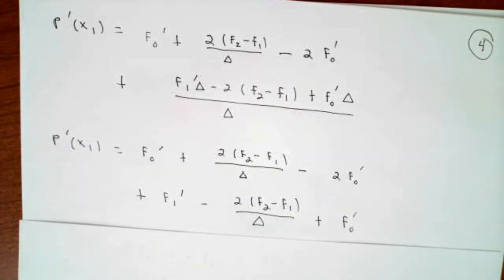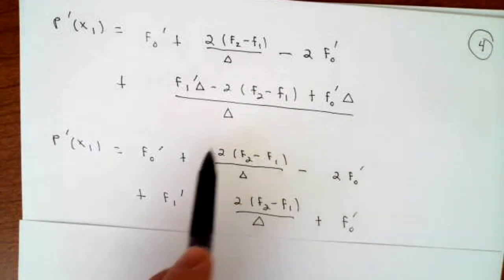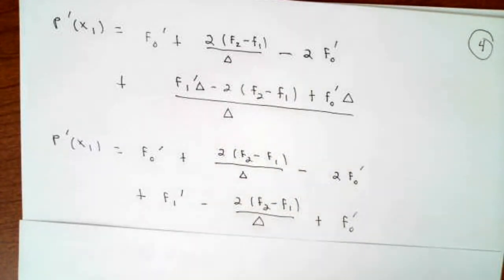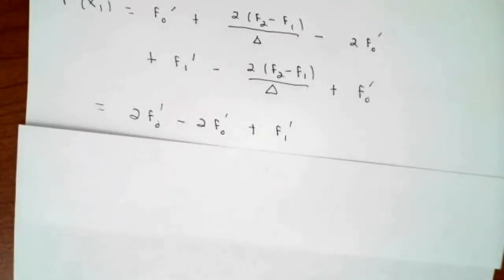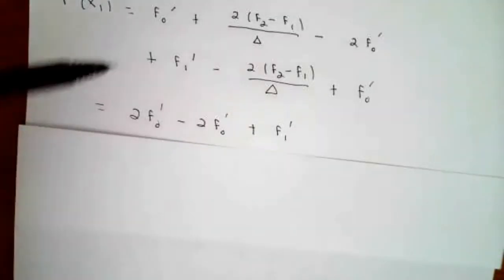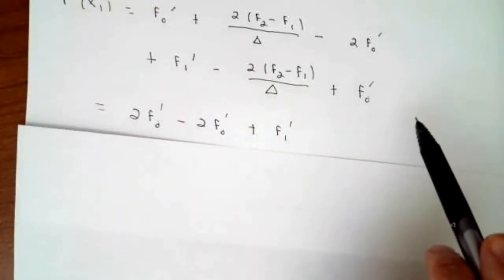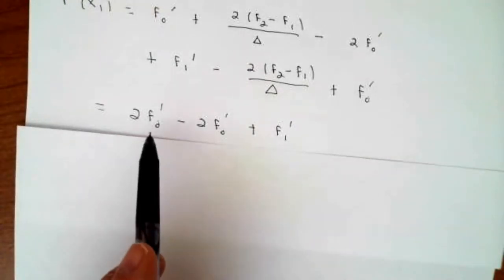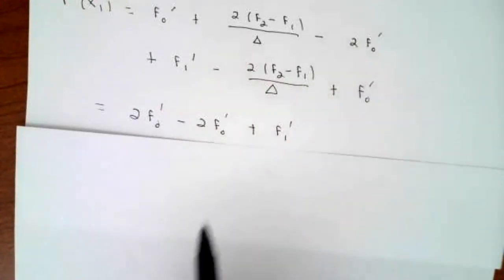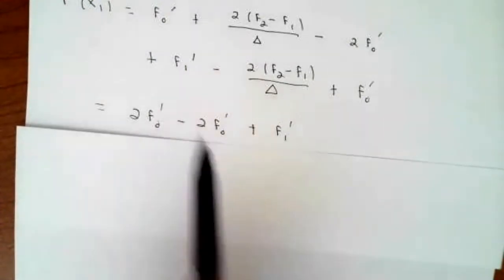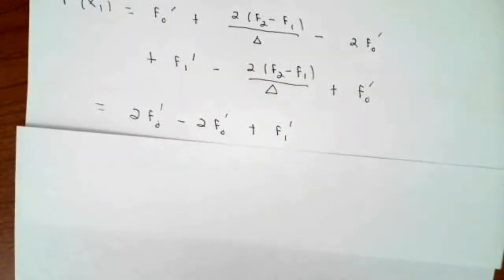If you'll notice, some things are going to cancel out here. In particular, these fractions in the middle cancel out. Moreover, I have F prime at x0 plus F prime at x0, that's two of them, minus 2 times F prime at x0 plus F prime at x1.